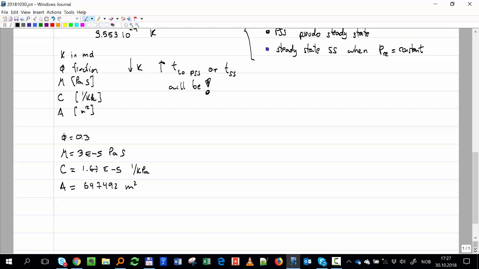If we have that system, the time depends on the permeability.